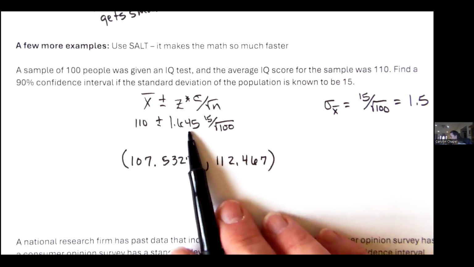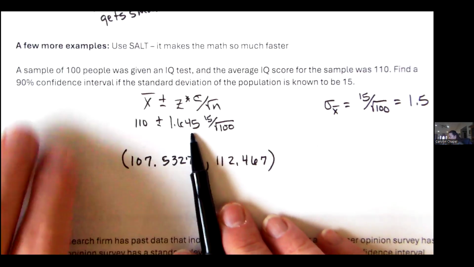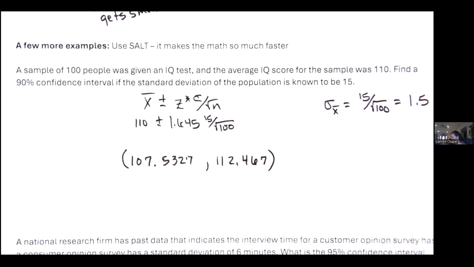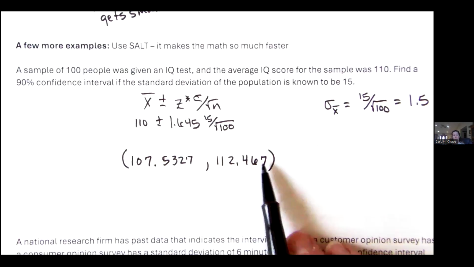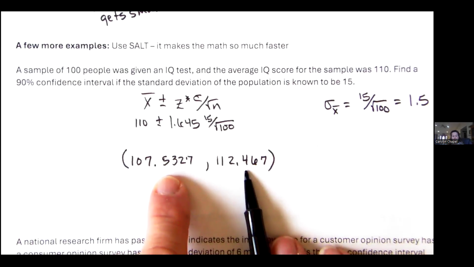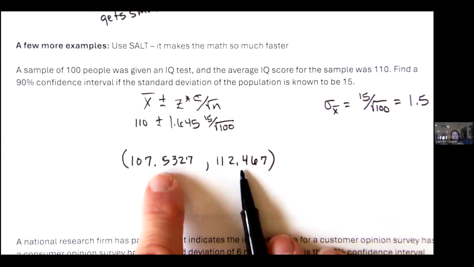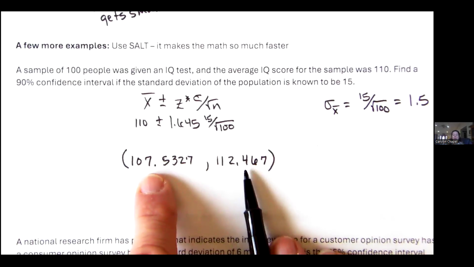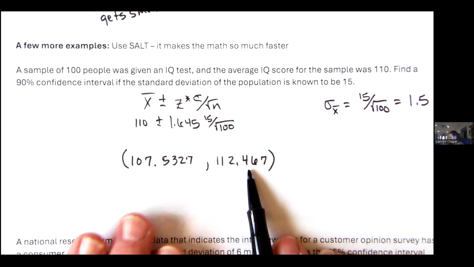The Z star is actually built right into the system when you put in that 90% at the end. So there was our lower bound and our upper bound. I am 90% confident that the true average for this IQ test is somewhere between 107.5 and 112.5, if I'm just rounding to the nearest 10th.